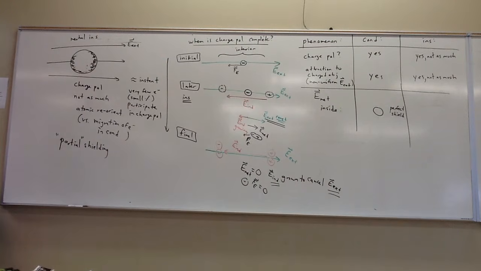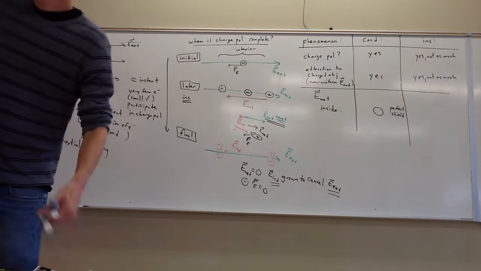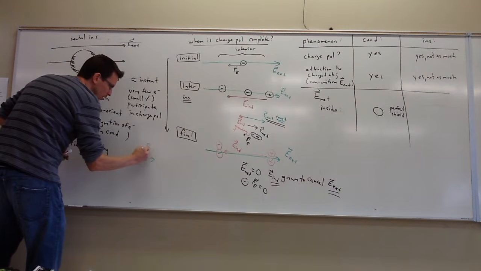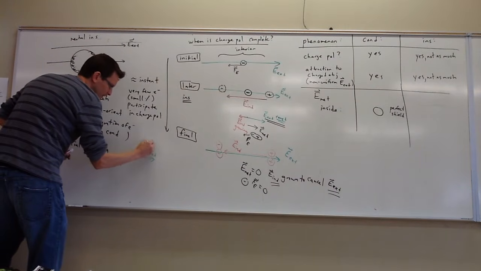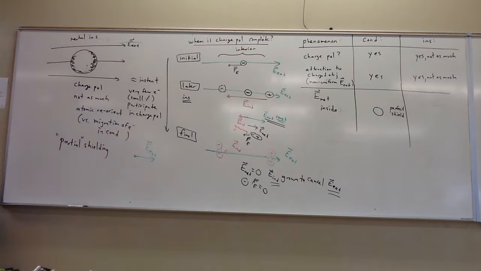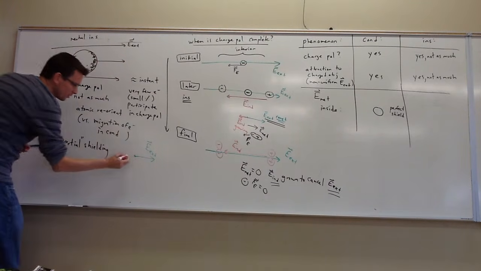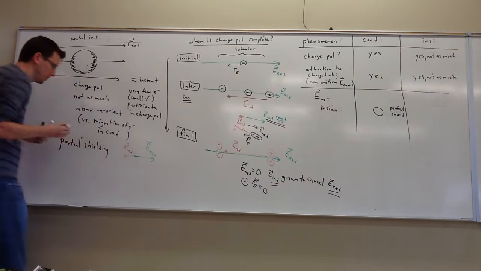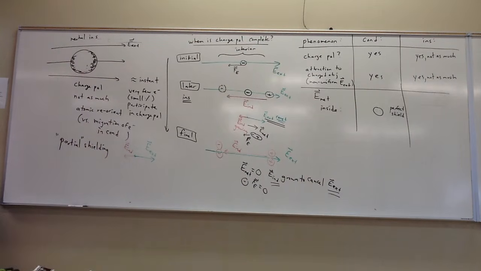So to recreate the graph, just so that it's not all on top of each other, you have E external, which looks like this. You have E induced, and E induced is limited from growing. It can't grow very much.